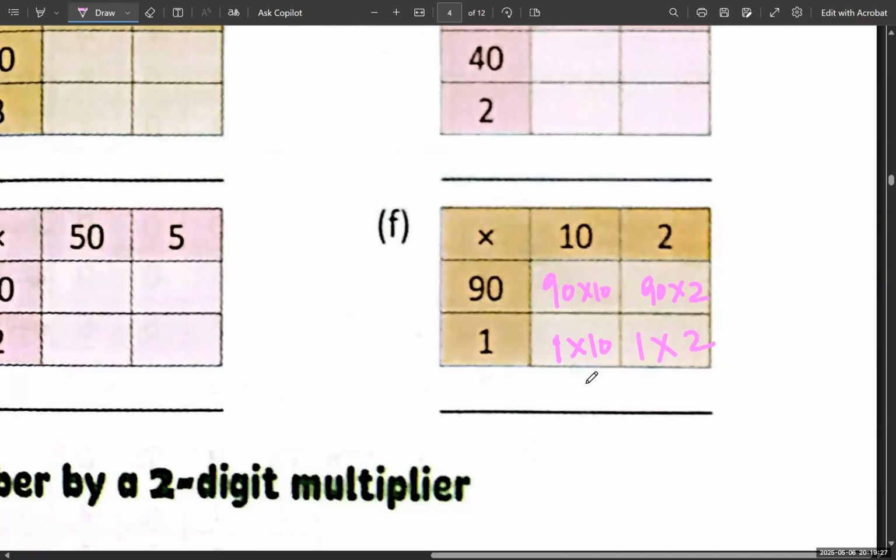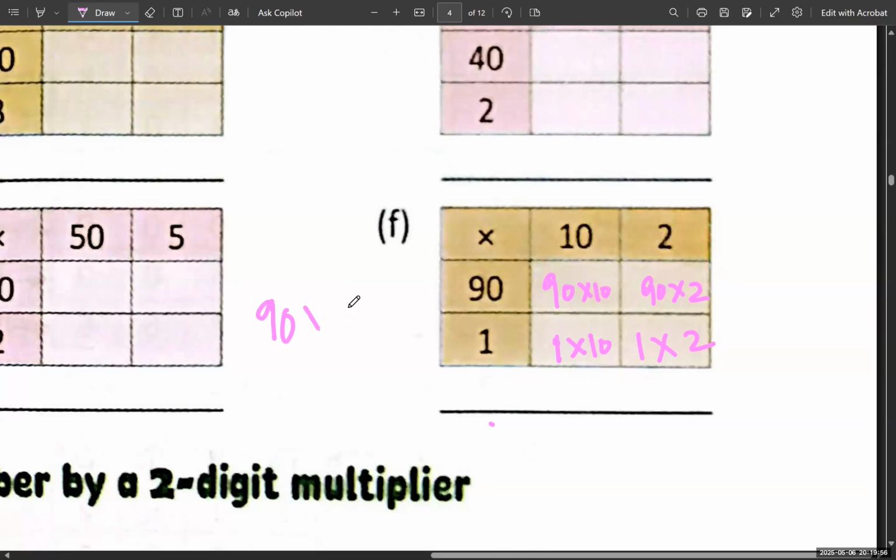What do we do after that? We multiply all those numbers. Yes. So after this, how much will be 90 times 10? It will be 9,000. Okay, look at the screen.